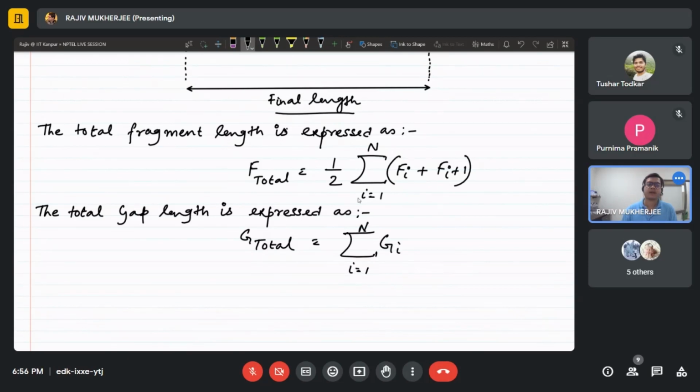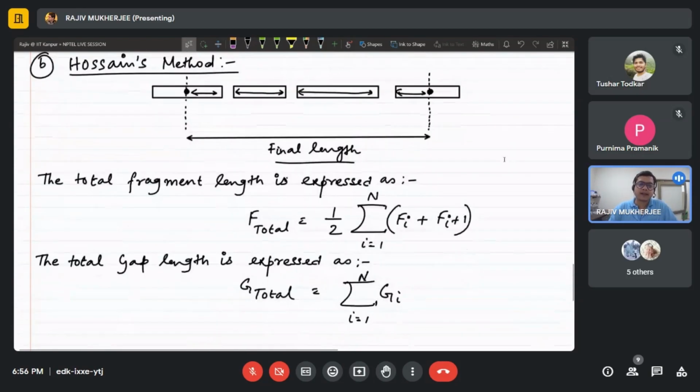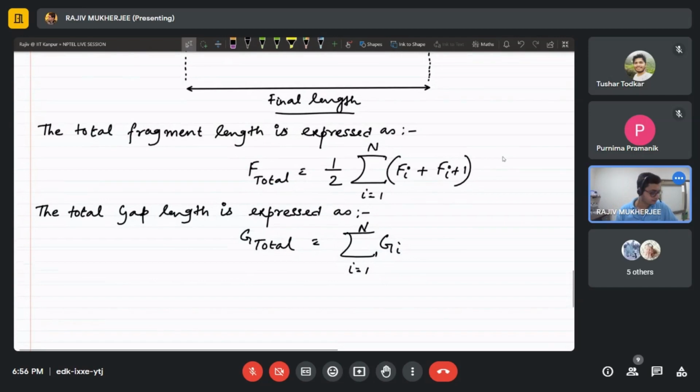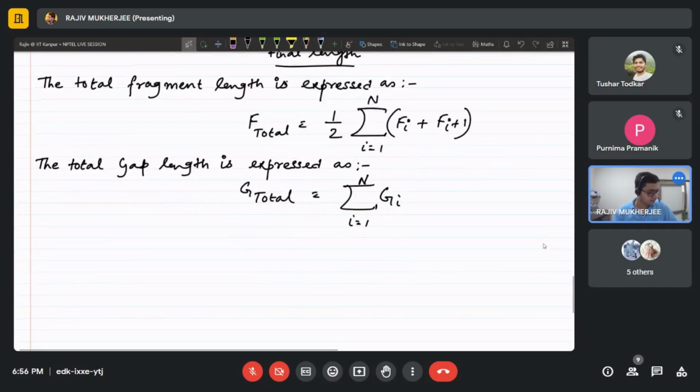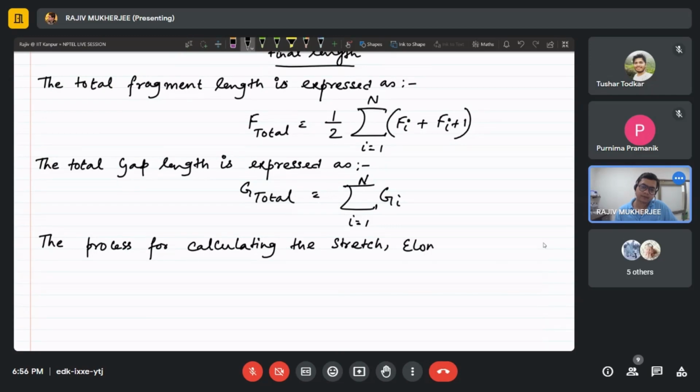So this is how we use Hossain's method, and then the process for calculating the stretch, elongation, and quadratic elongation remains the same.